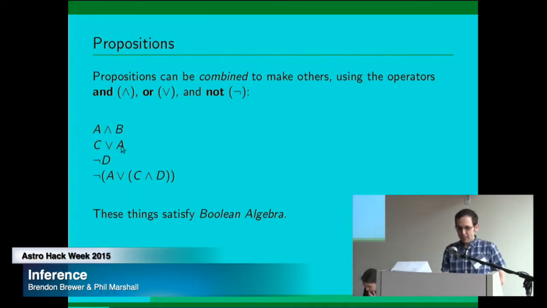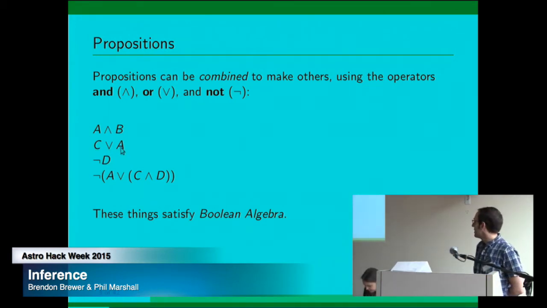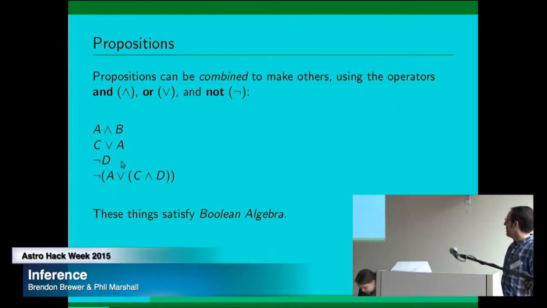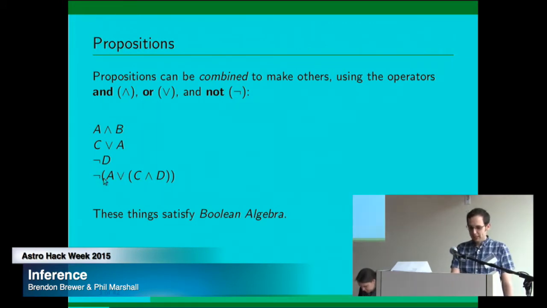C or A will be true if either C or A is true, and this is not exclusive or, it's the standard or. The negation, not D, is true if D is false, and you can build up more complicated things like the negation of A or C and D, things like that.